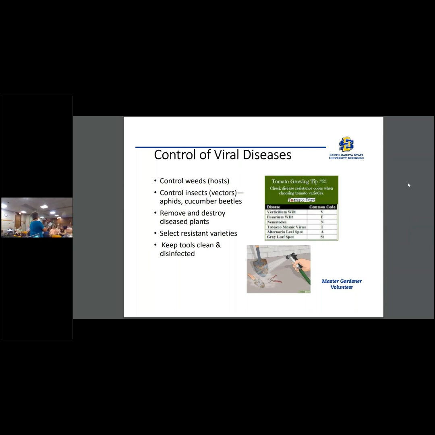Down here on the bottom, it's got a table, kind of like that one up there. It gives you the codes. So when you look at a package of seeds, it'll have a bunch of letters on there, like T, V, F, or whatever. And if you don't know what those are, well, there's a table in here that tells you what those are.